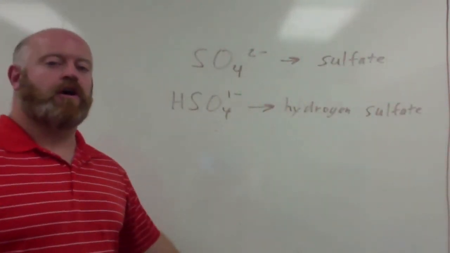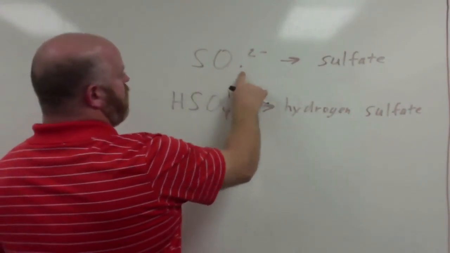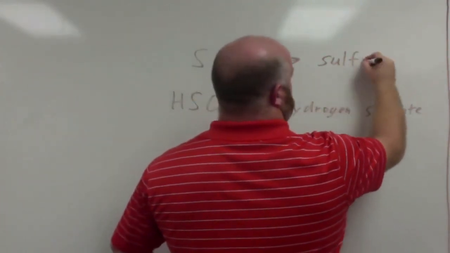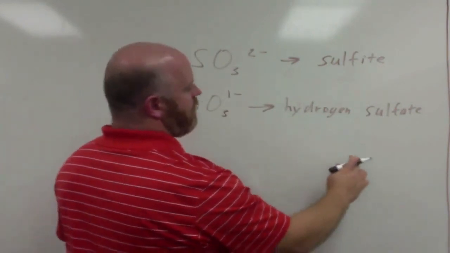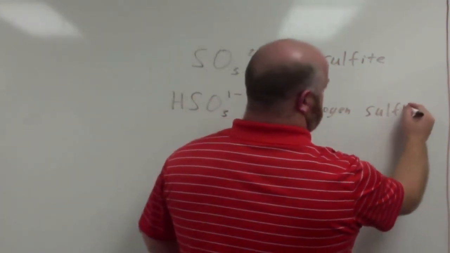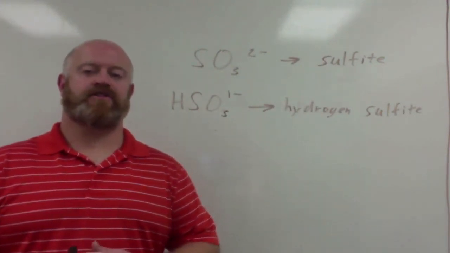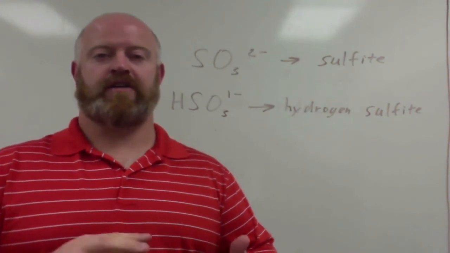And then of course, all this stuff can be done with your ites also. So if you had SO4, if it was SO3, you now have sulfite. HSO3 would be hydrogen sulfite.